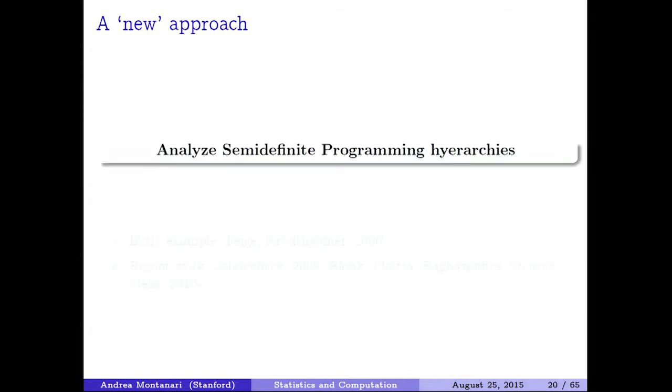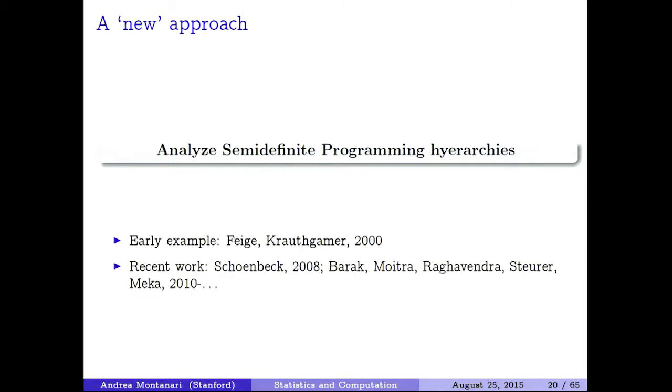Okay. I'm going to talk about the complementary approach, that is, analyzing SDP, semidefinite programming, hierarchies. This is a new approach in quotes, because it really dates back to the early 2000s with groundbreaking work by Feige and Krauthgamer and others.